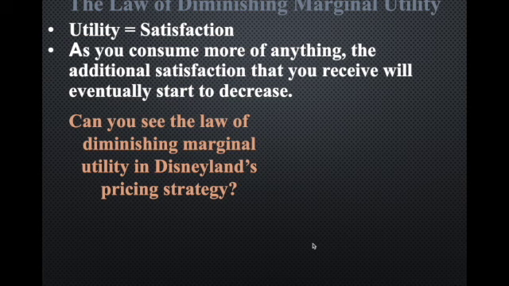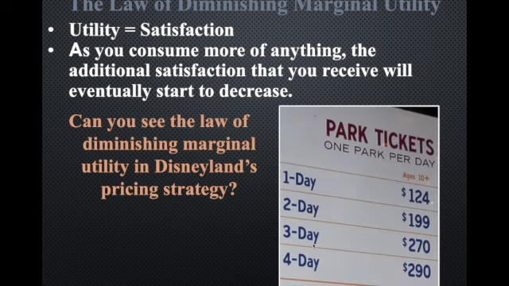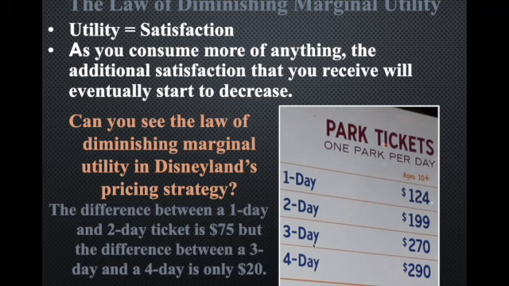If you look at Disneyland's pricing strategy, you can actually see the law of diminishing marginal utility illustrated here. A one-day pass is $124, 2 days is $199, 3 days is $270, and 4 days is $290. So it definitely is more expensive every day, but the difference between a one-day and a 2-day ticket is $75.